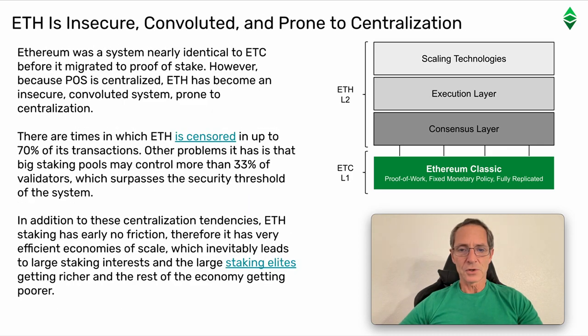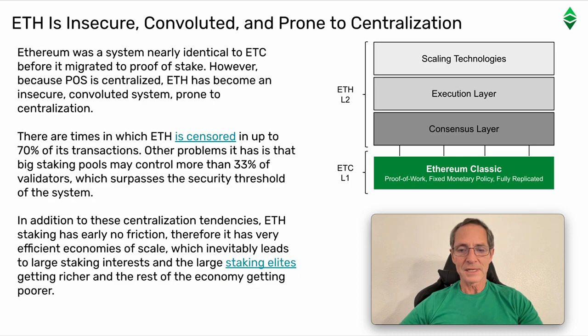ETH is insecure, convoluted, and prone to centralization. Ethereum was a system nearly identical to ETC before it migrated to proof of stake. However, because proof of stake is centralized, Ethereum has become an insecure, convoluted system prone to centralization. There are times in which Ethereum is censored in up to 70% of its transactions.